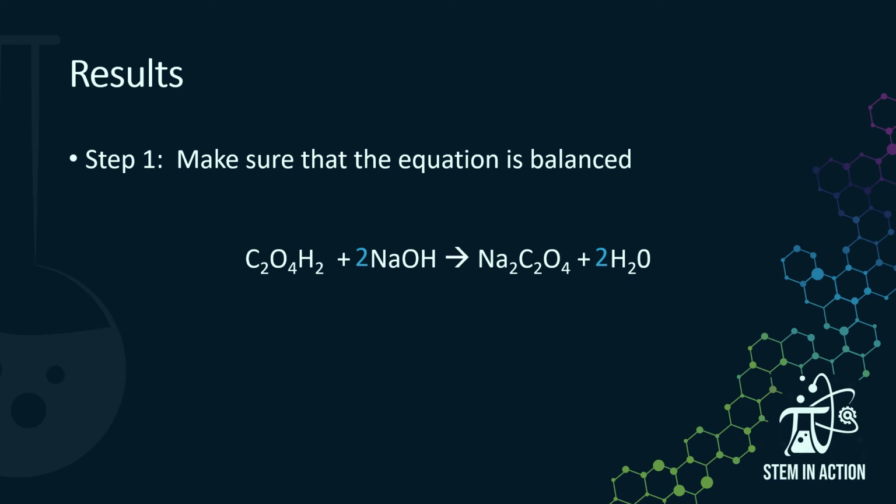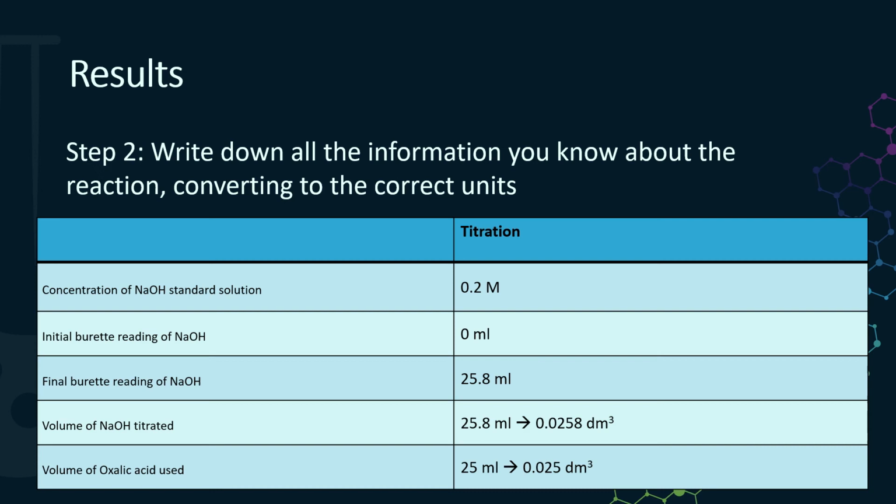We've got 2 hydrogens, 4 hydrogens on the left hand side, and 2 times 2 gives me 4 on the right. So now I know my equation is balanced. From our balanced equation, we can see that the ratio of oxalic acid to sodium hydroxide is 1 to 2.